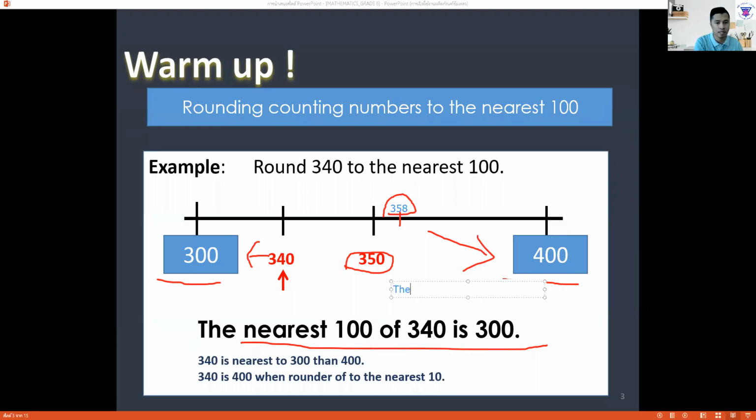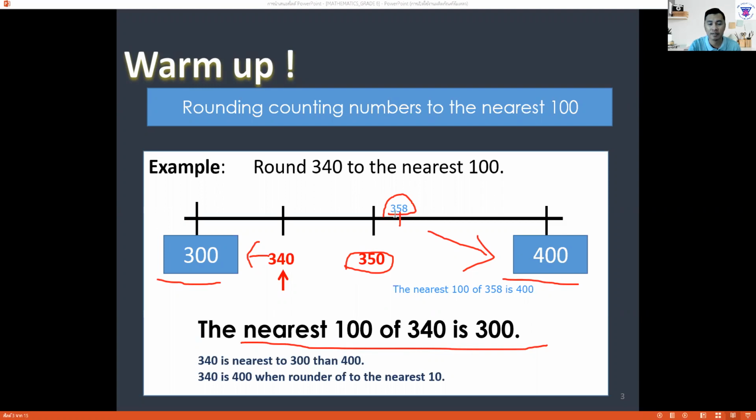So the nearest 100 of 358 is 400. Okay, take note, students. Again, 358 is very close to 400. That is the nearest 100. Again, the in-between number is 350.